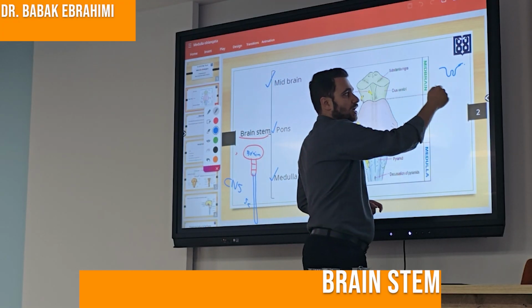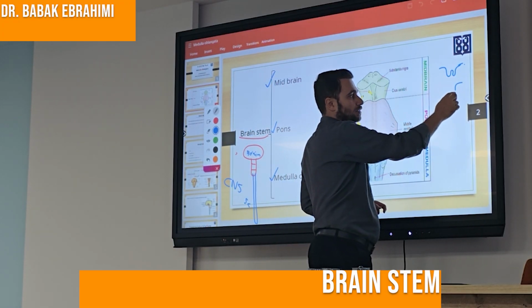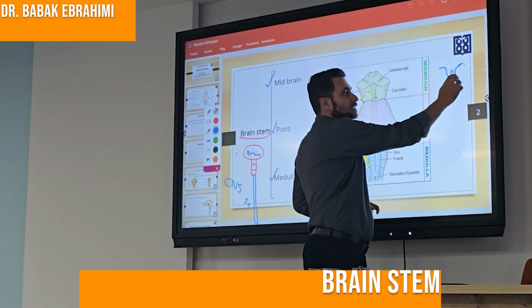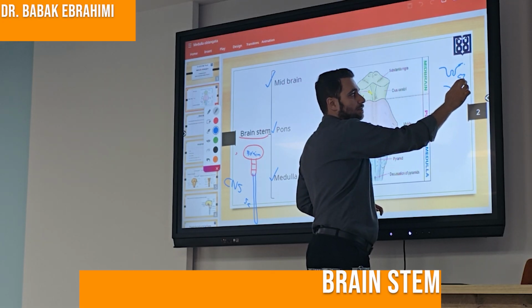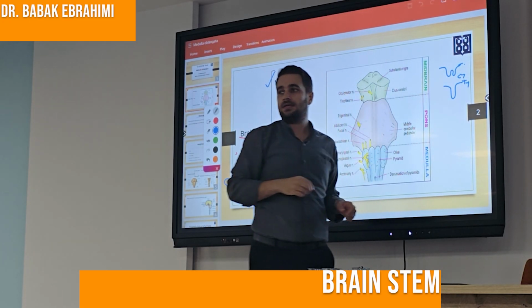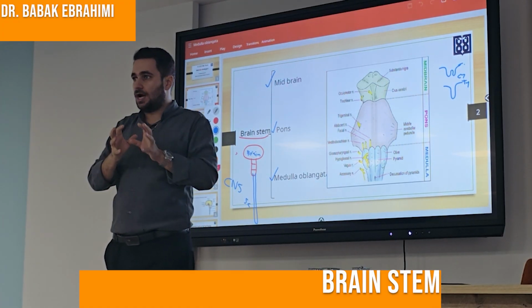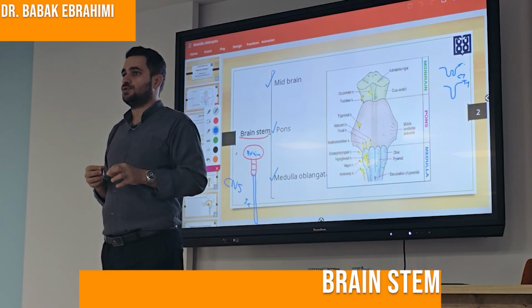When it changes to the thoracic part, it changes to one spinous process. So C7 is similar to T1. When something is finishing and another thing is starting, they are a little similar to each other.